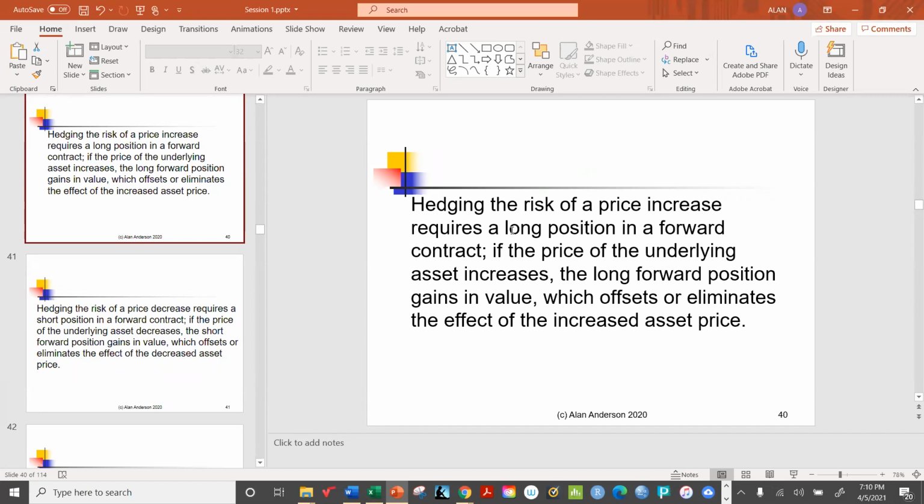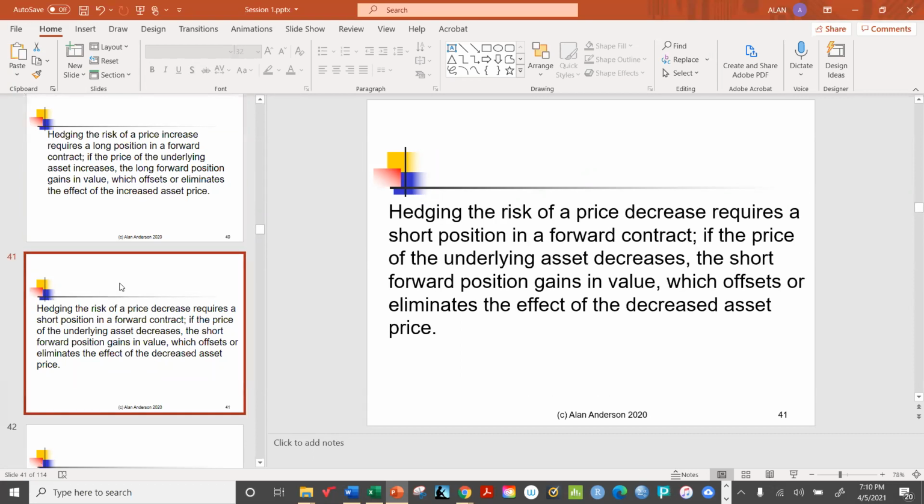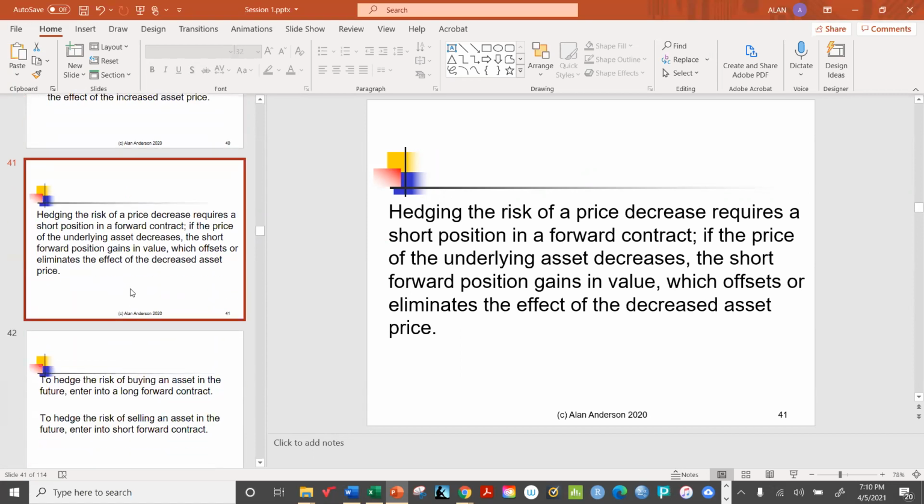But if you're the seller of the pounds, then you're going to enter into a forward contract to sell pounds in 6 months, which is a short forward position. Okay, because then your risk is that the price goes down.